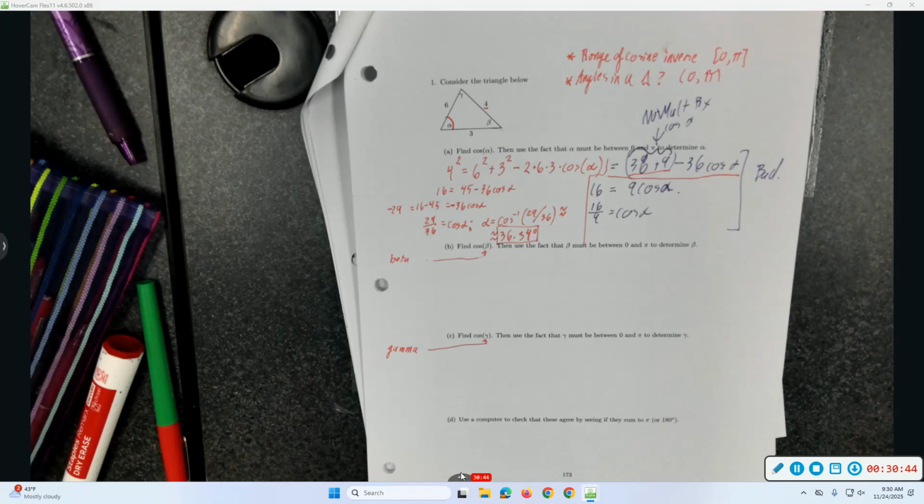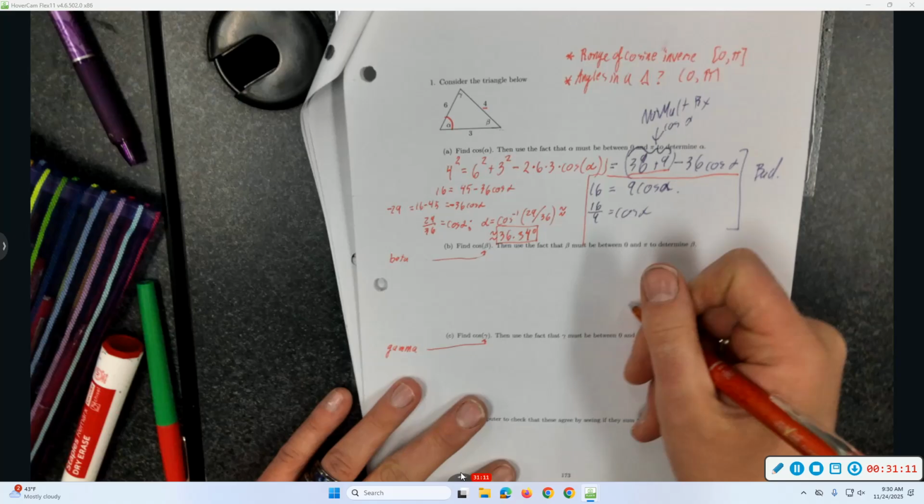If anyone is seated next to someone who's computed the other angle, also take a moment and see if the totals add up to 180 degrees, or pi if you're in radian mode. Cool. I see some happy nodding of heads. That's good. Let's go through and write it down now.